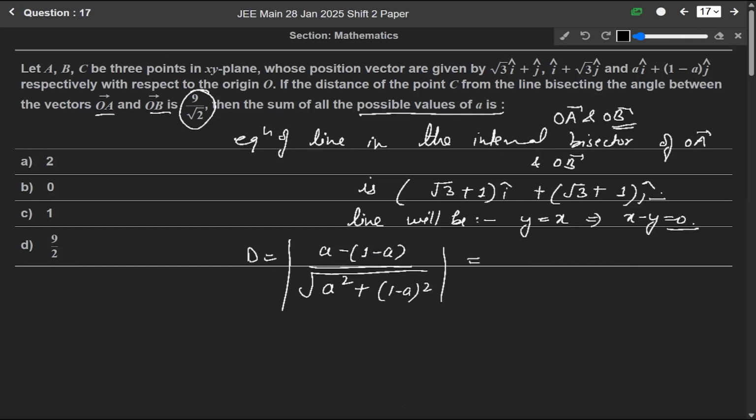Okay, so it will be 9 over root 2. So (2A minus 1) whole square will be equal to 9 nines are 81 over 2, times A square plus (1 minus A) whole square.